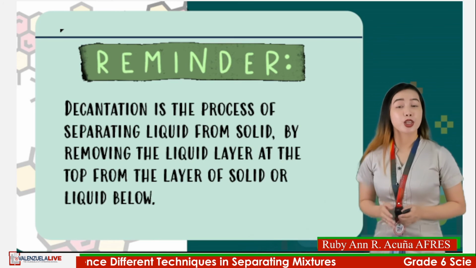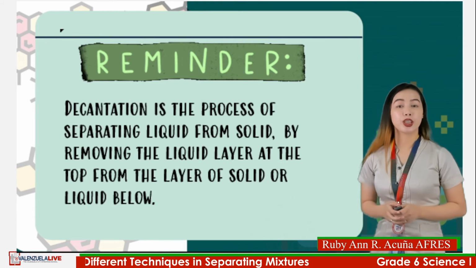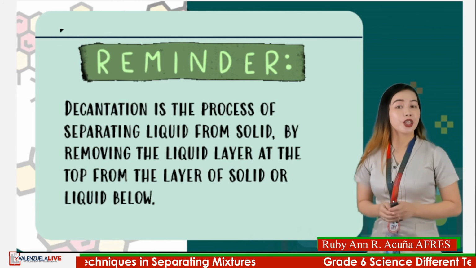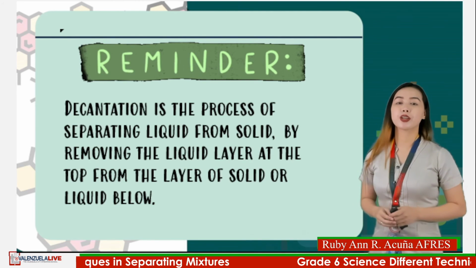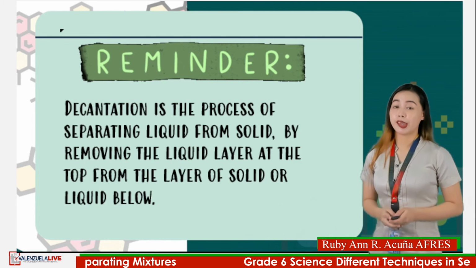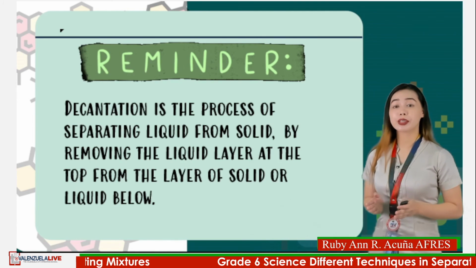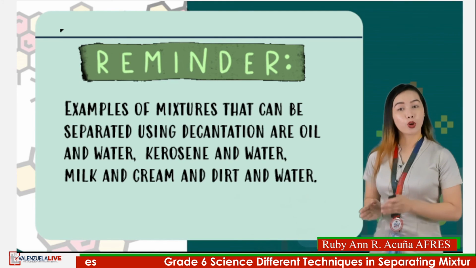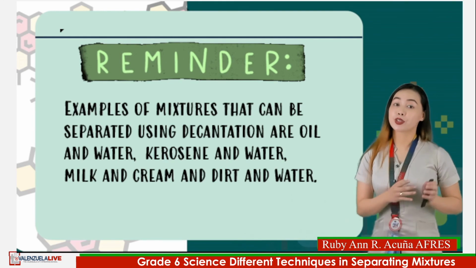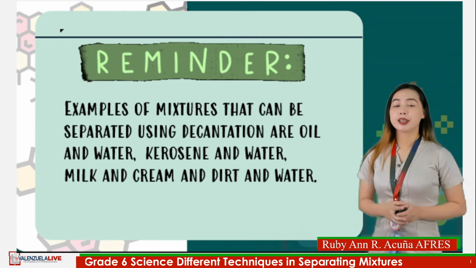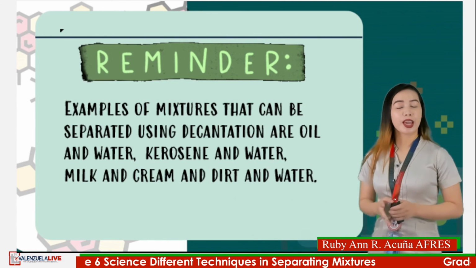Decantation is the process of separating liquid from solid by removing the liquid layer at the top from the layer of solid or liquid below. Examples of mixtures that can be separated using decantation are oil and water, kerosene and water, milk and cream, and dirt and water.